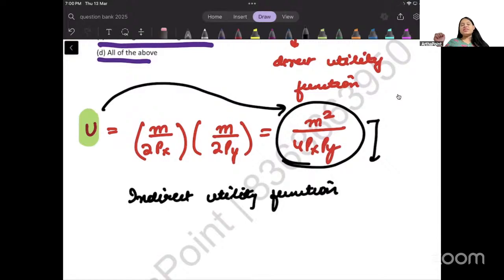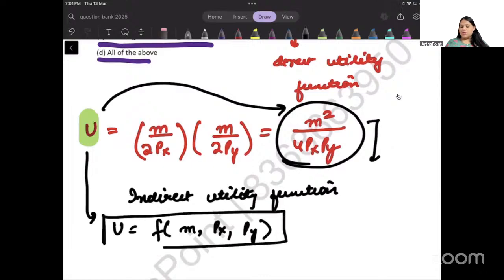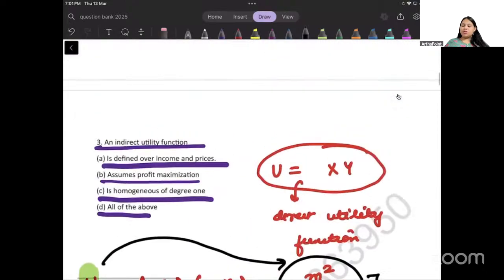So indirect utility function is a function of income and prices. So definitely beta option number A is correct.